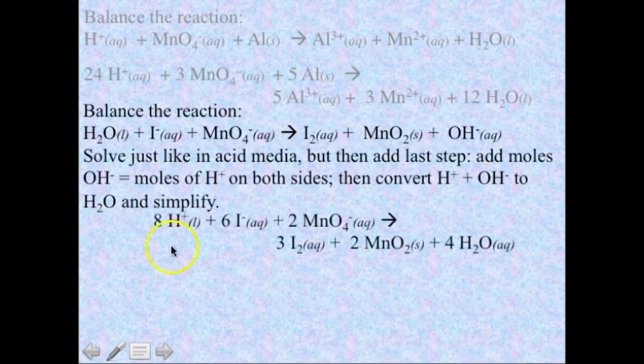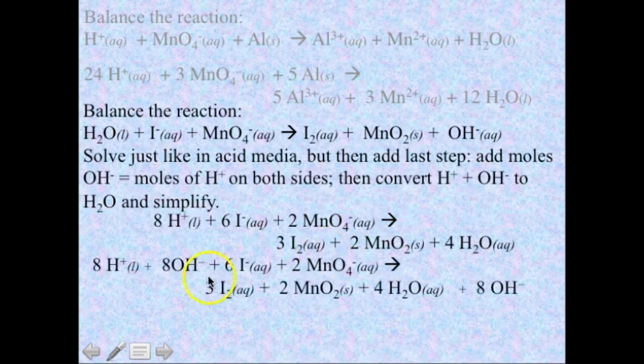Okay, here we go. Here's our balanced reaction in acid media using BOHE equals plus. Now what we're going to do is add 8 hydroxide to both sides. Now watch what happens. 8H plus 8OH minus turns into, ta-da, 8H2O.